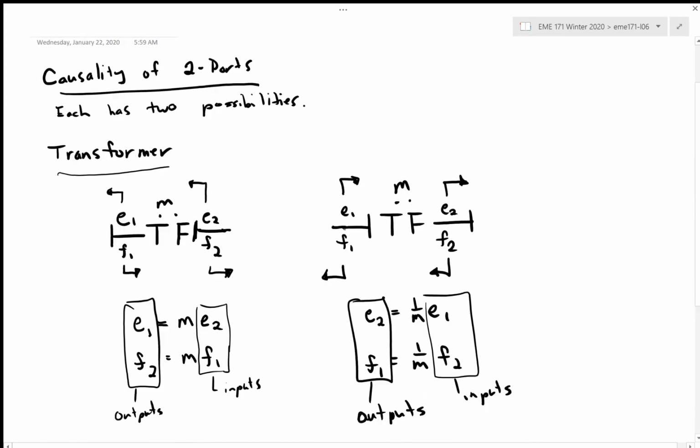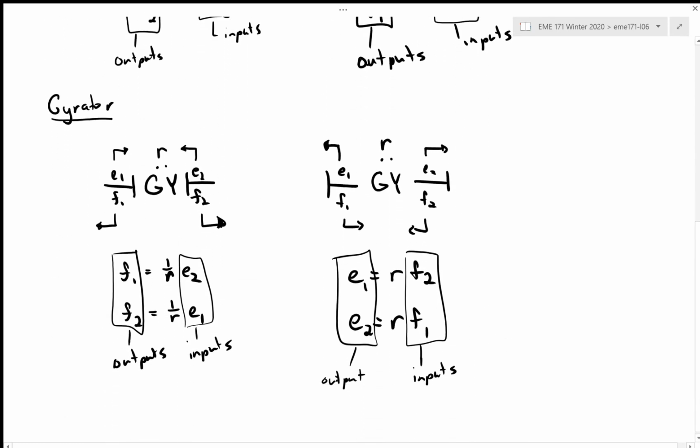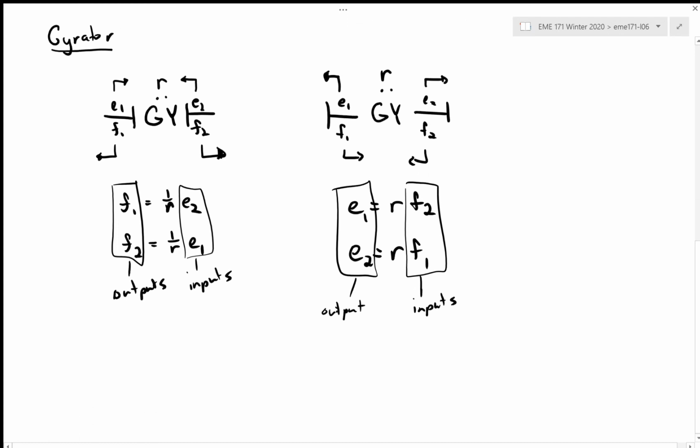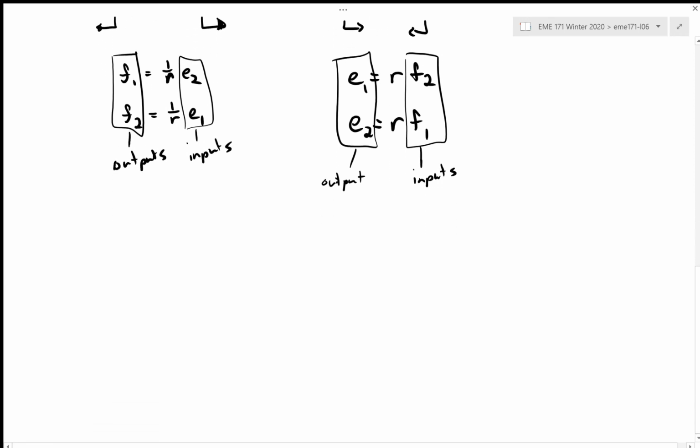All right. So that's the two ports. Pretty straightforward. You can put either option when you are setting up your bond graphs, and we'll see that in action as we move forward. The last one here is to look at the causality of the three ports.